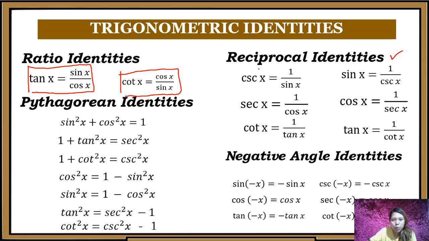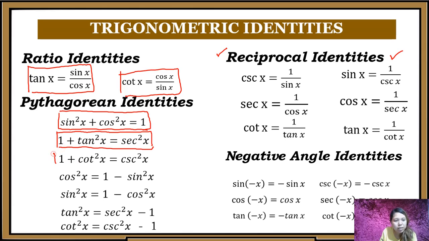Aside from this, we have another identity, which uses the Pythagorean theorem. We have sine squared x plus cosine squared x equal to 1, and 1 plus tangent squared x is equal to secant squared x. These are your basic Pythagorean identities.